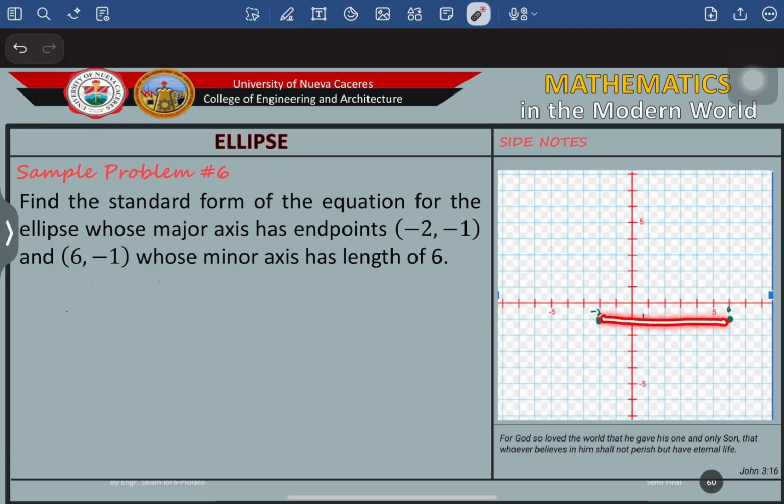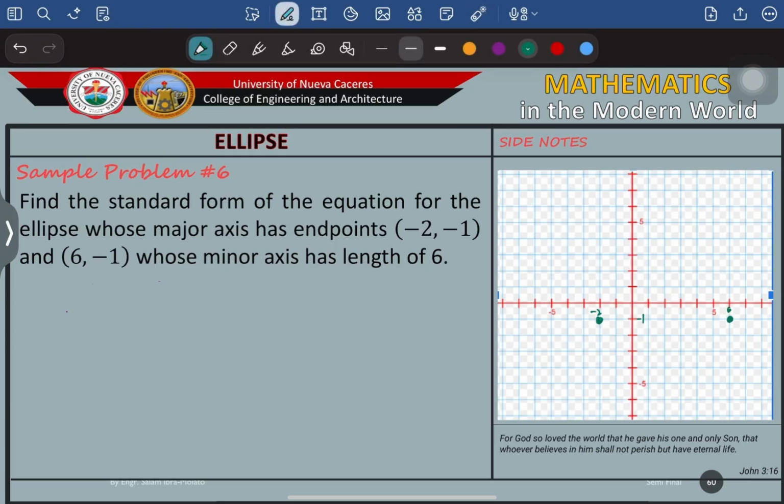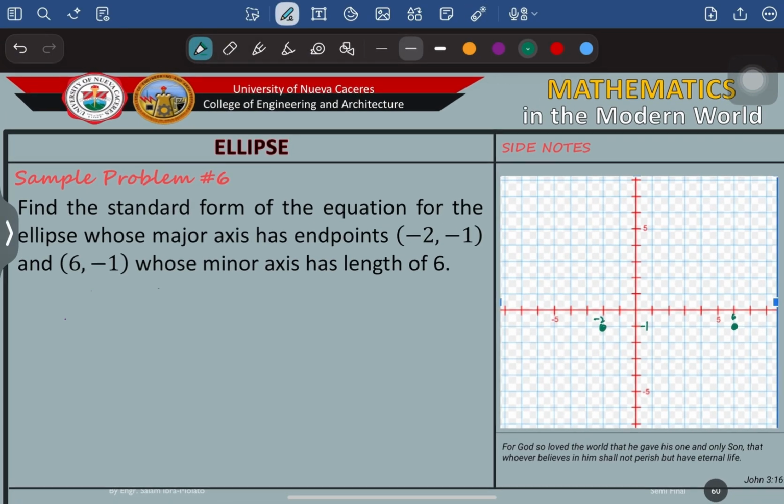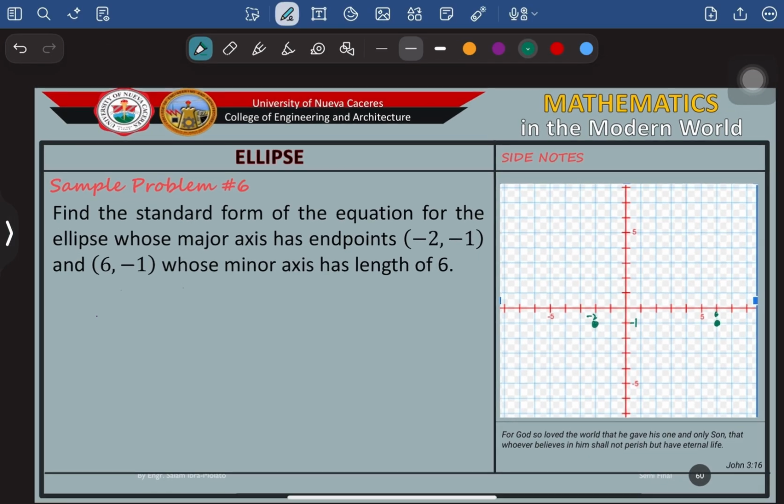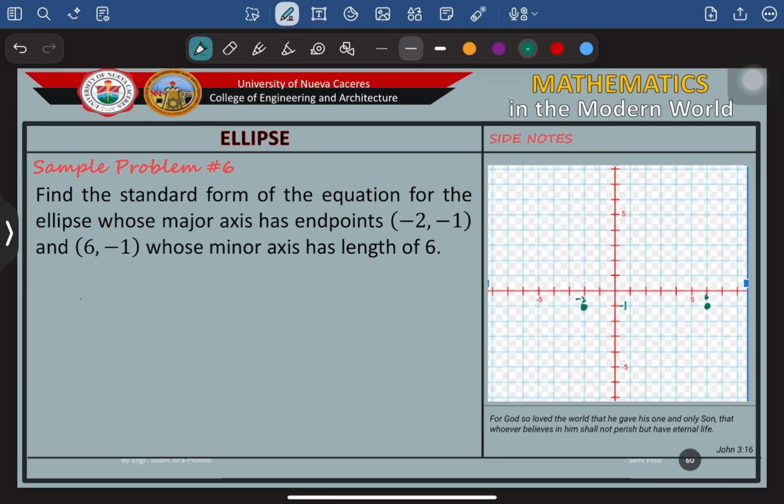Let's compute first the distance between the endpoints of the major axis along the x-axis. So 2a is equal to the distance of the x coordinates, -2 minus 6.